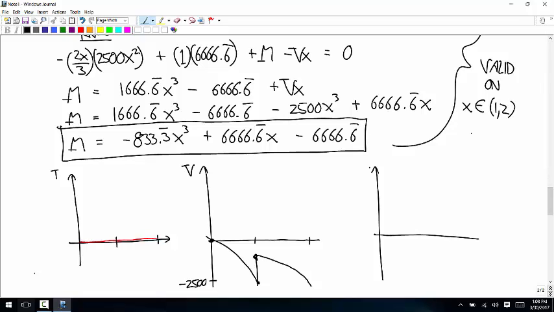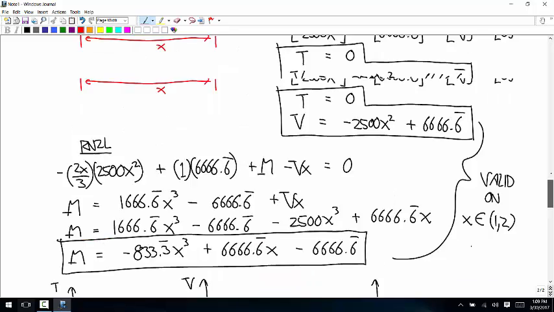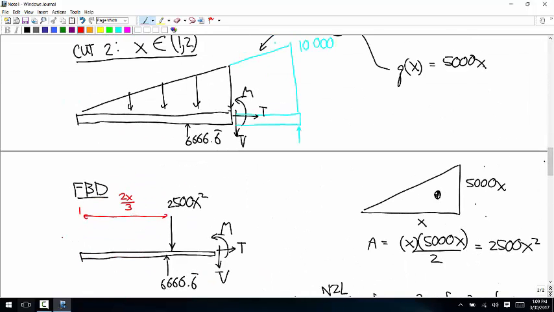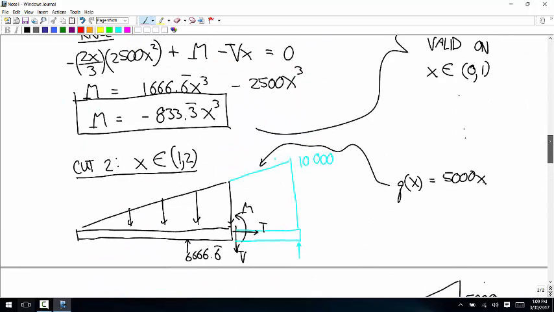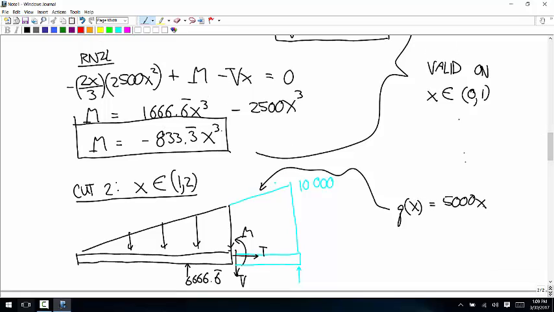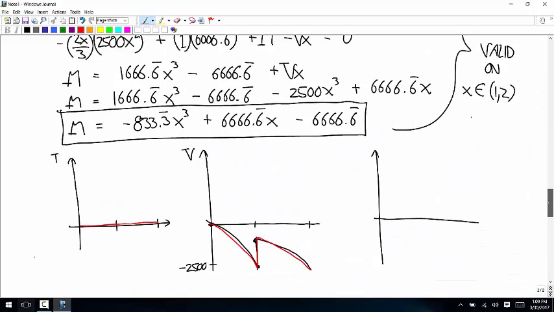And then the M, holy moly, why did I start this? So what did we have up here? Cubic function.